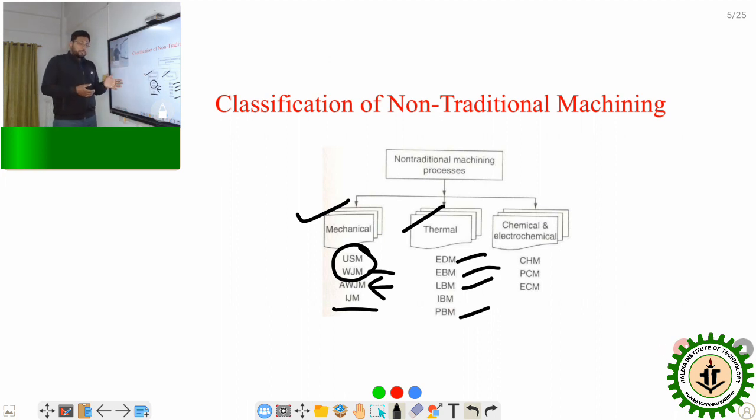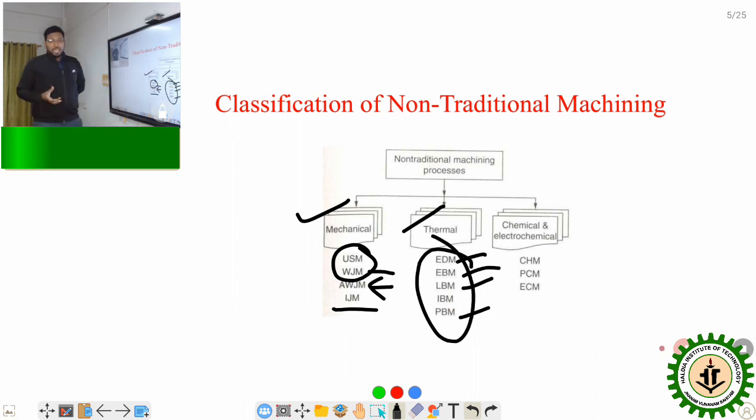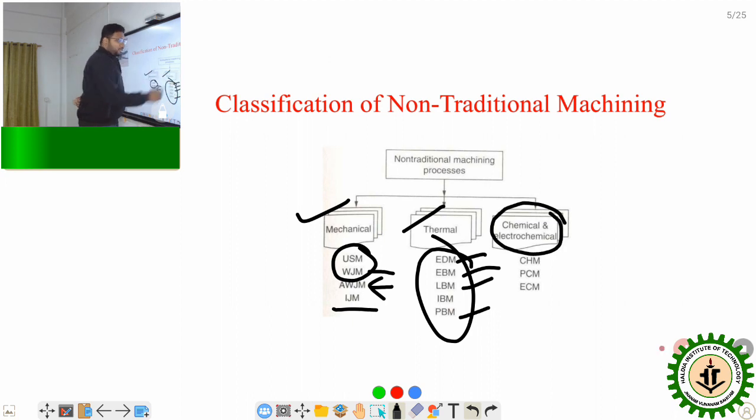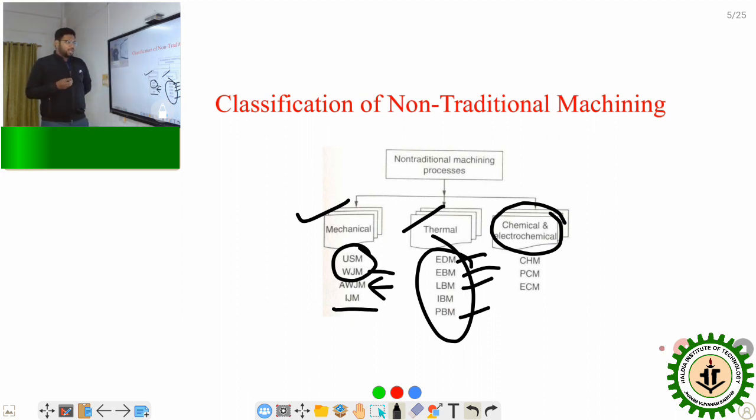The basic principle of this type of machining is that they melt and vaporize the metal, and the burned material is removed by some flushing pressure. Now, in the case of chemical and electrochemical, they are grouped in the same manner: CHM, PCM, ECM, like that. They are basically chemical etching processes, where the main difficulty of chemical machining is that the material removal rate is very slow.